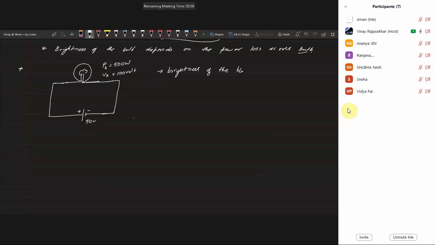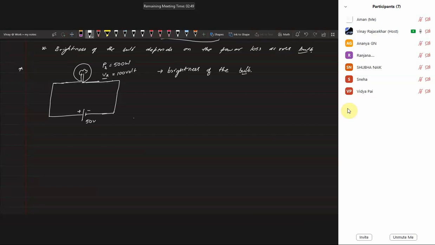Just now I told you one point. I hope you remember. The brightness of the bulb is nothing but what? Power loss. Yes, very good. Power loss across the bulb. The brightness across the bulb is nothing but power loss across the bulb. So to do this problem, you have to identify one point.